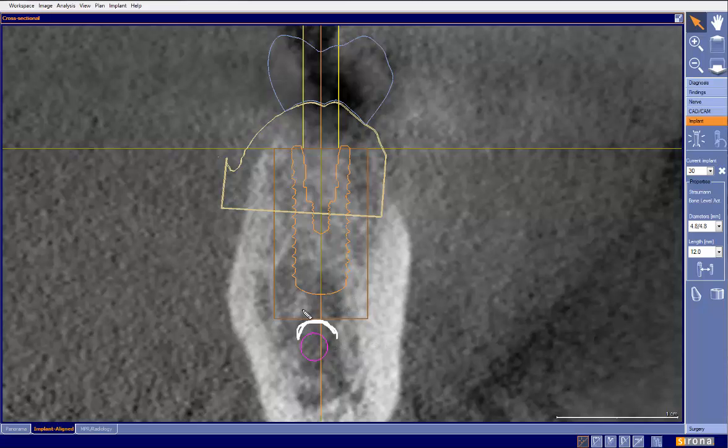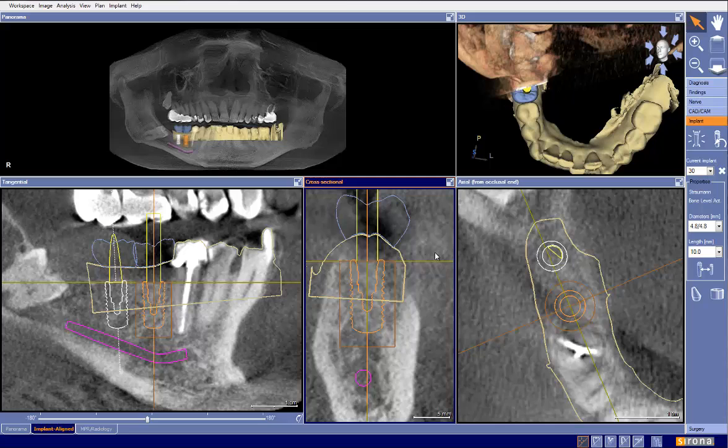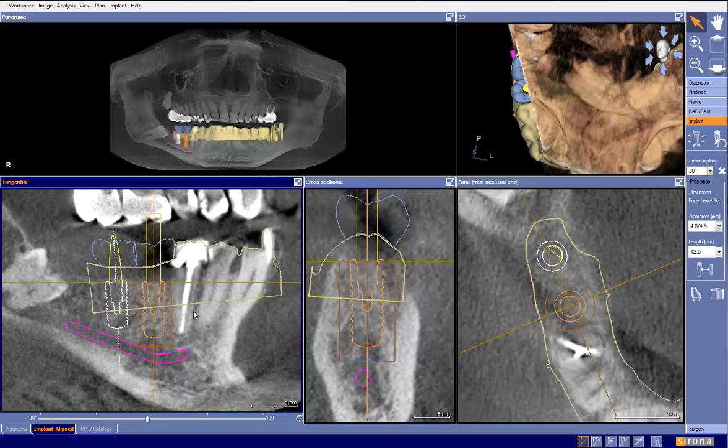So if that's the case, we still have enough space. So the only reason I bring this up is maybe we would consider going with a shorter implant. And again, a 10 millimeter implant is more than adequate, and we avoid the potential issue of the nerve right there. So, just food for thought. So we're going to go back to the 12 here, and there we go. So now we're ready to move on to number 31.